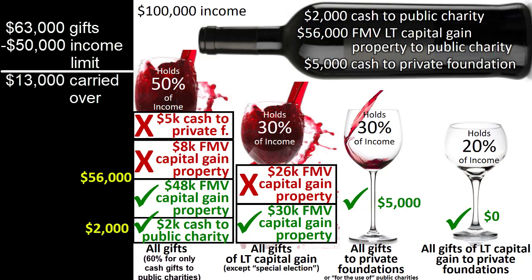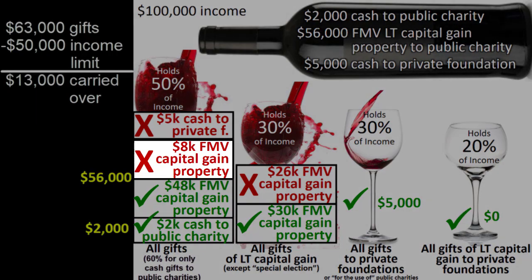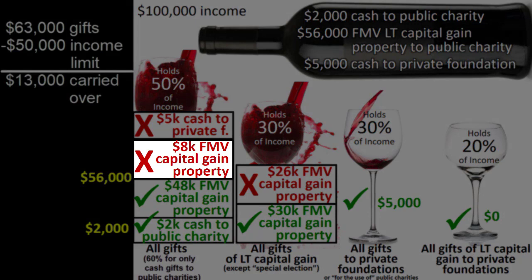However, the cash to a public charity of $2,000 and the long-term capital gain property to public charity of $56,000 exceed the $50,000 holding capacity of this glass. Thus, $8,000 of the long-term capital gain property gifts to public charity must be carried forward into future years because it has spilled out of the glass.